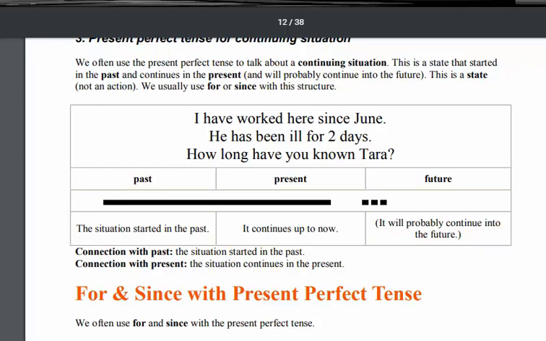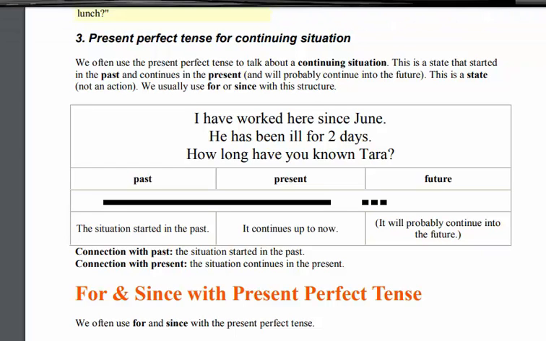Keep in mind, this is a state, not an action. We usually use for and since. There is always difficulty in speaking when we use for and since with the structure, and seriously, I also have confusion between these. Which sentences is for used in, and which is since used in? Let me make it clear.